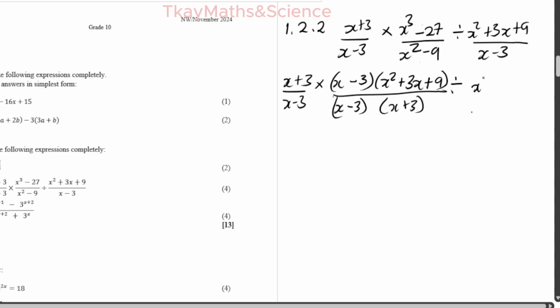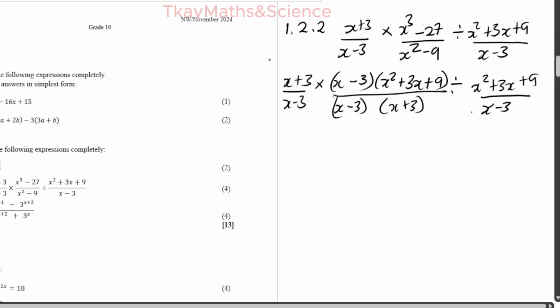Okay, let's leave this for the meantime. Because these are the pointers. You see here we got this expression, but here we also have it, so we don't need to factorize it further, because these ones, let's see if they can cancel out. So over x minus 3.